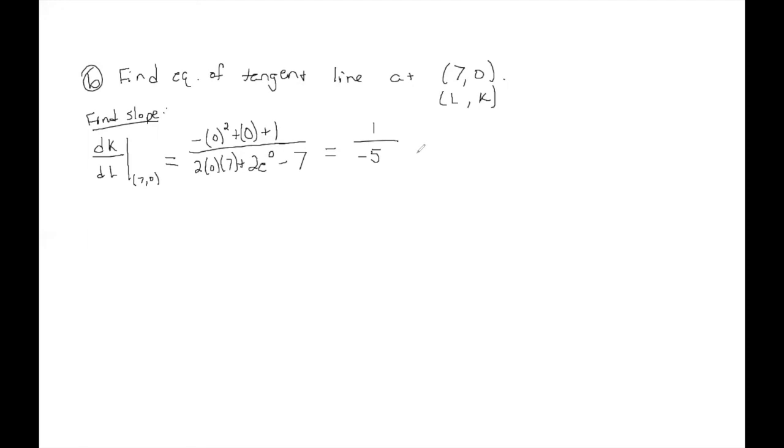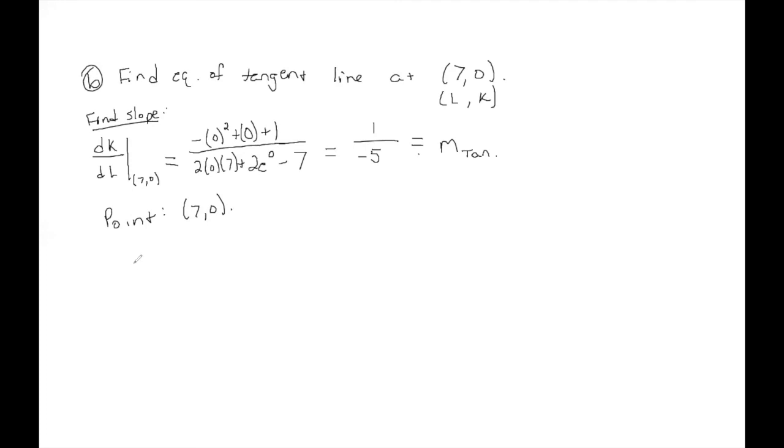So again, negative 1/5 is my slope. So this is my m tan, the slope of my tangent line. I already have a point, 7, 0. So I can find the equation.